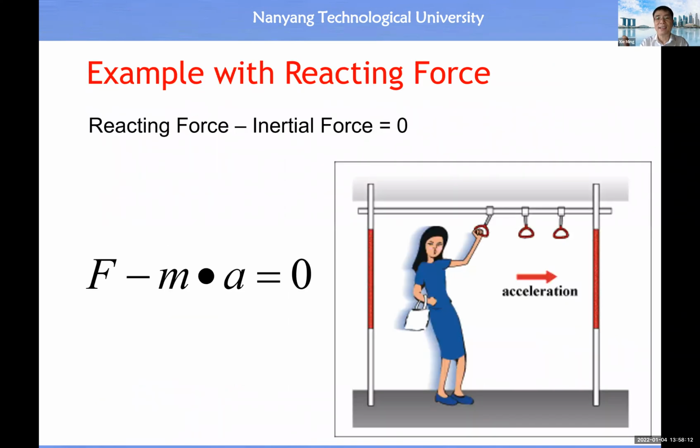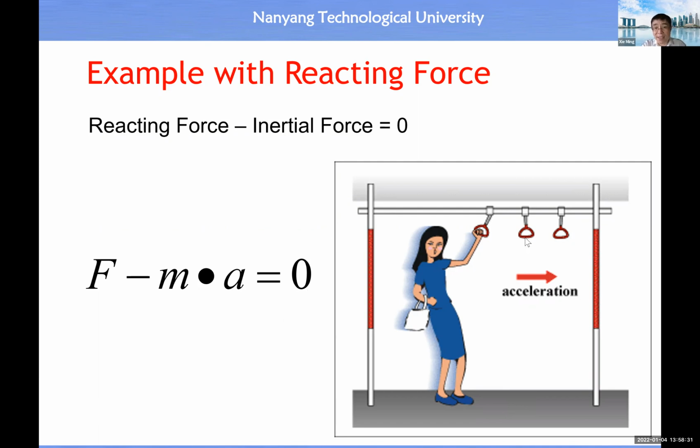And the typical example is like this. In this situation, when the bus accelerates, or when the MRT or the train accelerates, the person will have inertial force. Inertial force is negative ma, in the opposite direction of acceleration.